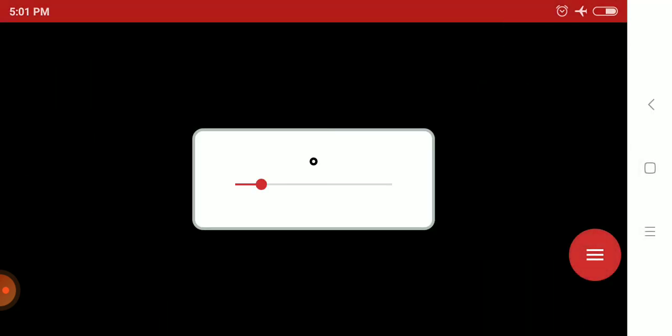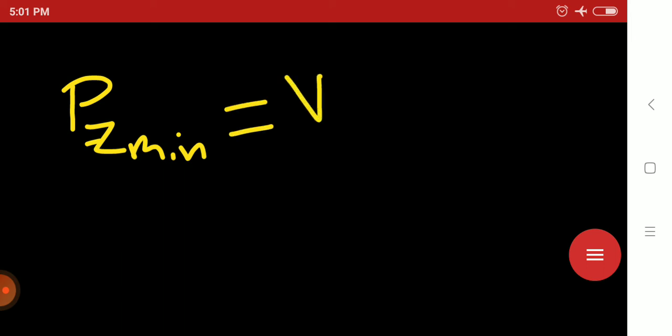So we will write down the formula. Whenever Pz minimum is to be calculated, you have to write Pz minimum equals Vz into I minimum, that means Iz minimum.